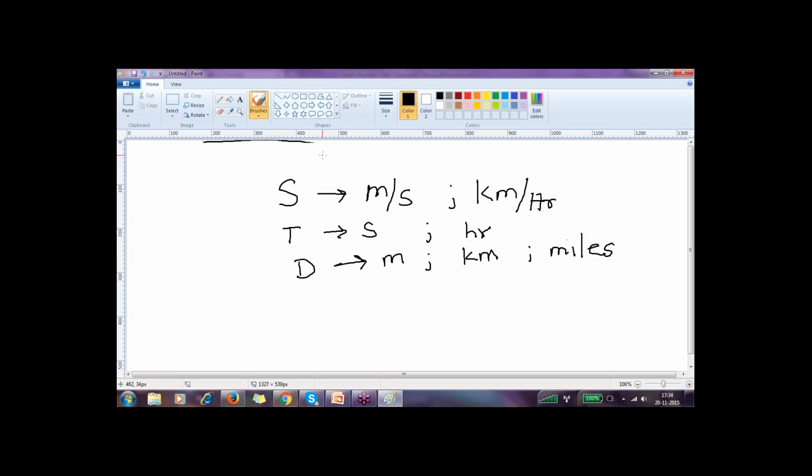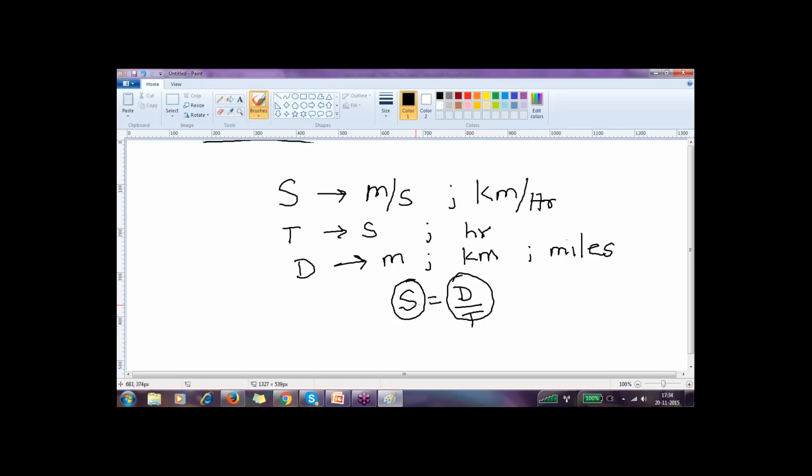So it is important that the units have to be matched on the left hand side and on the right hand side. So in this formula, when we have S is equal to D by T, the unit of this should match with the unit here, which means if S is in kilometer per hour, distance should be in kilometer and time should be in hour.